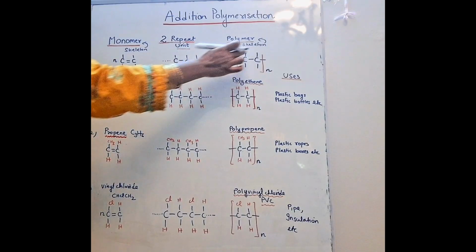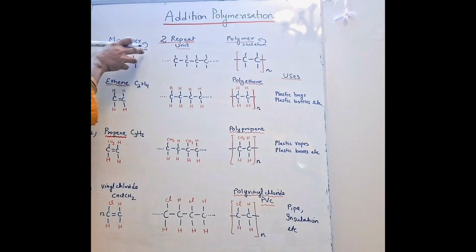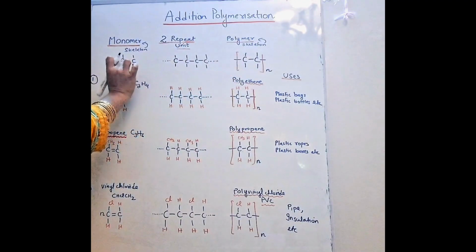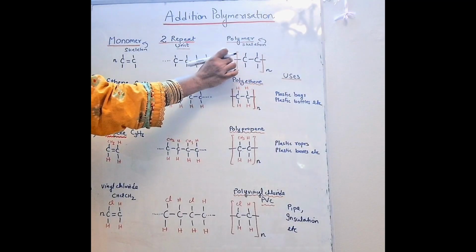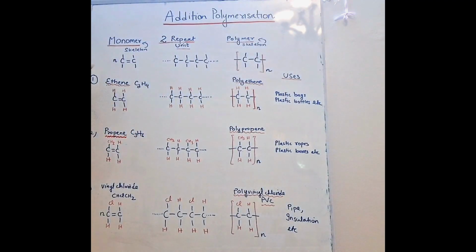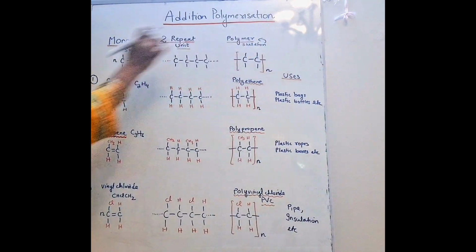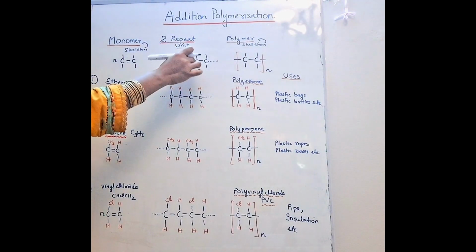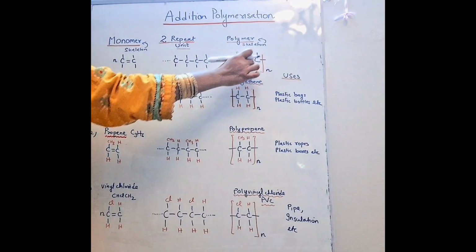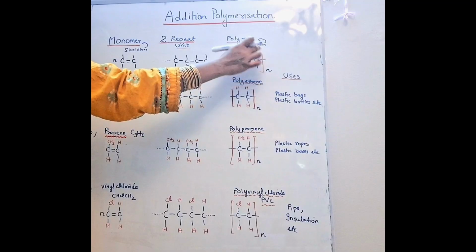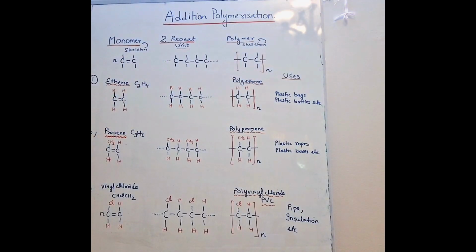Is it clear? What does this skeleton indicate? There are n monomers which polymerize, and you will get a polymer having n monomers. So we represent this with a square bracket and n.